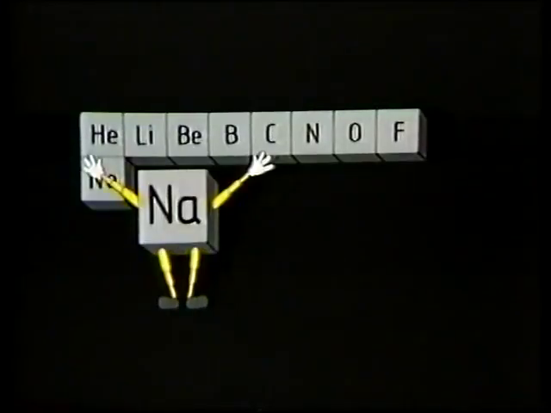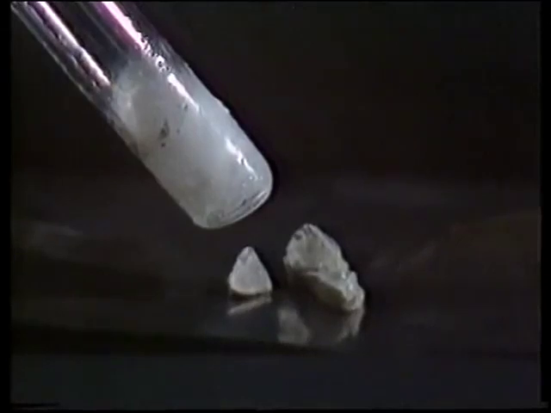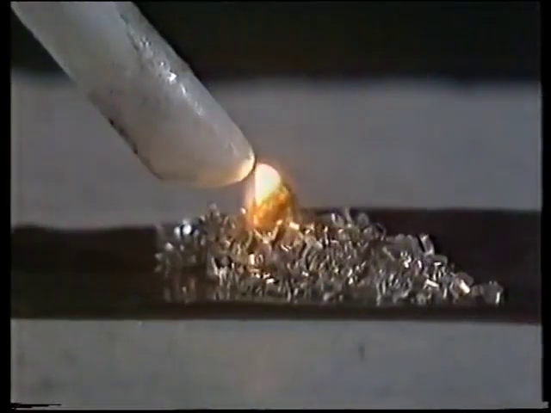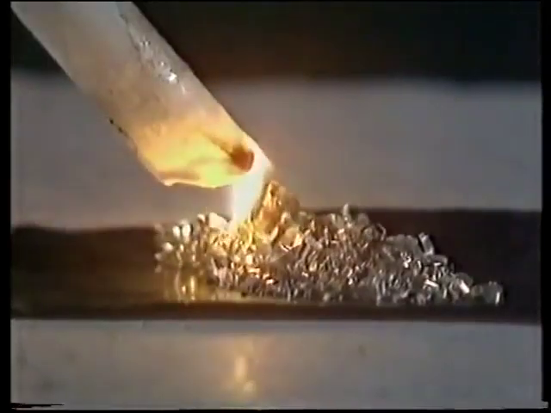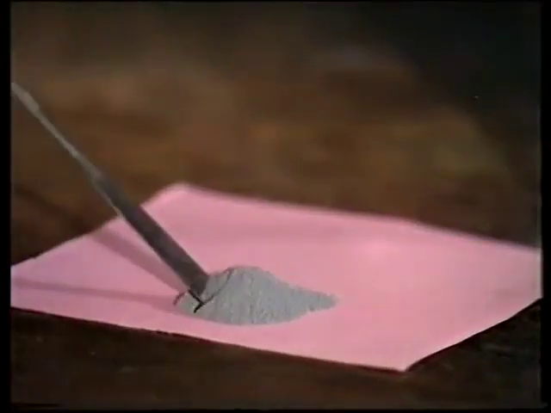The next element is sodium. Fluorine gas is delivered through the tube on the left. See how violent the reaction is. We'll react magnesium in the same way. Now for aluminium.